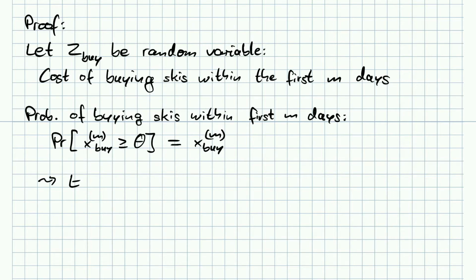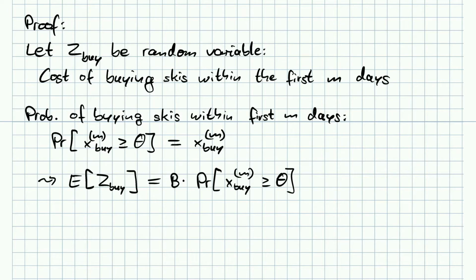So what's the expectation of z buy? Well, this is exactly b times the probability that x buy is at least theta up to time m, which is then exactly equal to b times x buy m.